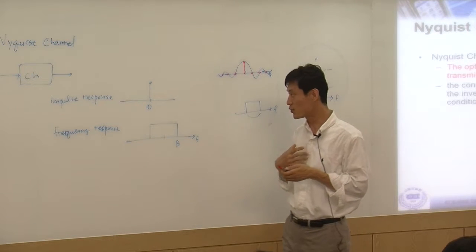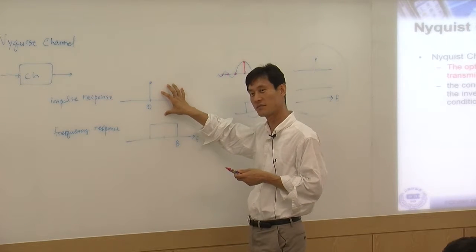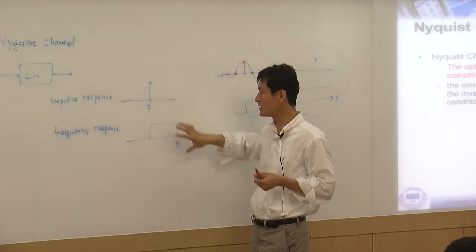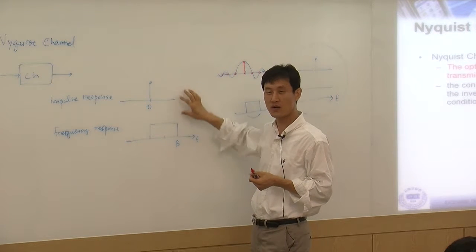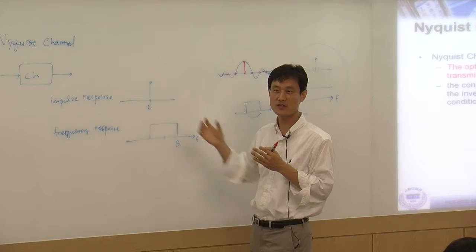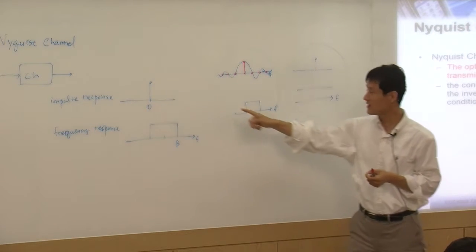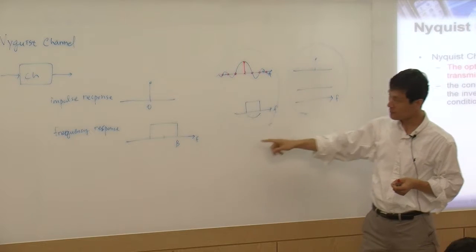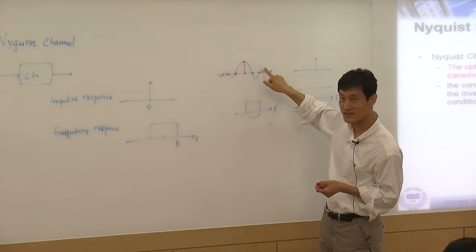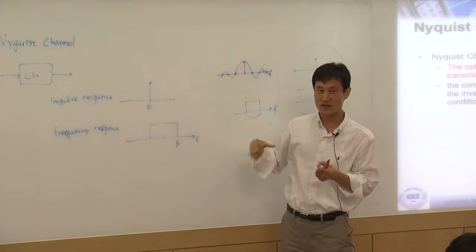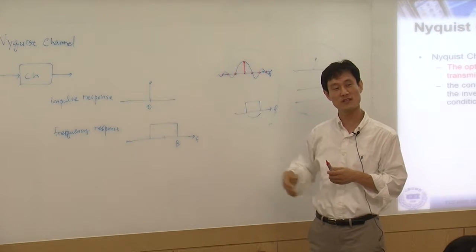So the problem is we want to get this in time, and at the same time we want to get this in frequency, but these two are not partners. The partner of this is this guy, and the partner of this is this. How can you get these two at the same time?